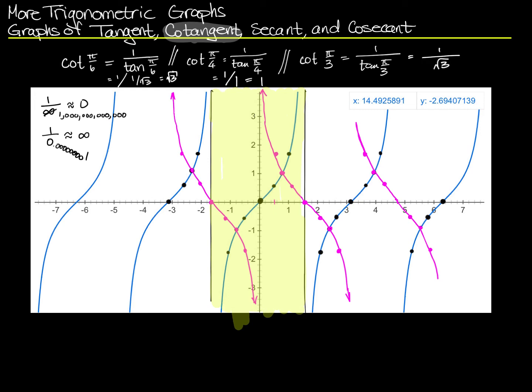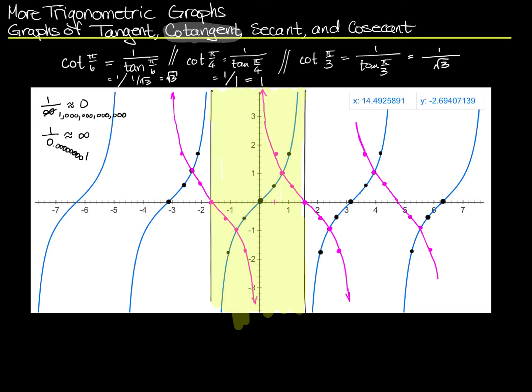But recall that pi is approximately 3.14. Call it 3 for now, and you'll see that half of that, or pi over 2, is about 1.5. It's a little bit more than 1.5. So this is actually pi over 2. And that's an asymptote for my tangent graph, but it's a 0 for my cotangent graph.